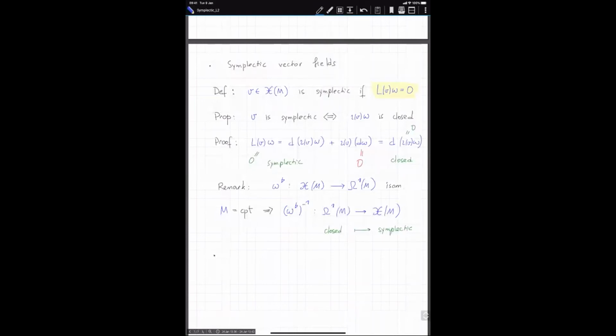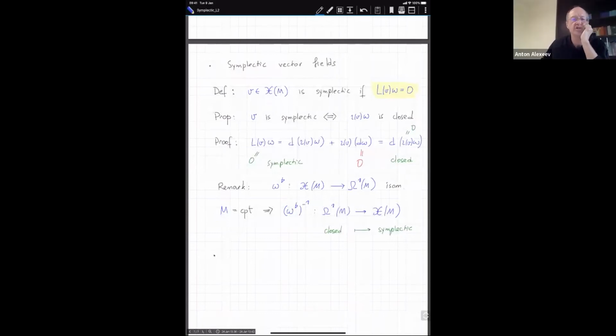Do you mean that we take one form and get a symplectic field, but for a particular one form, there is one corresponding symplectic vector field? Yes. So on the chart, you're saying that the compactness is not needed.